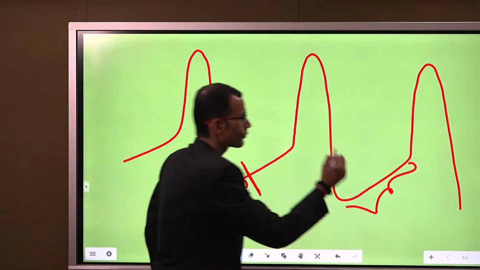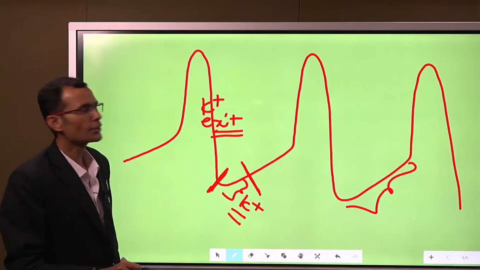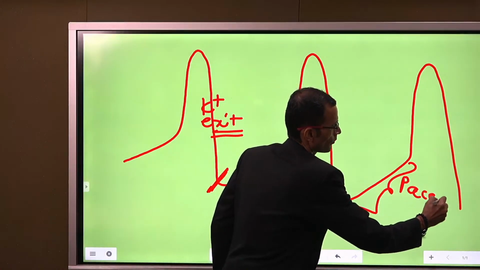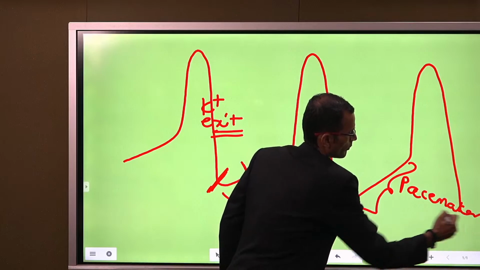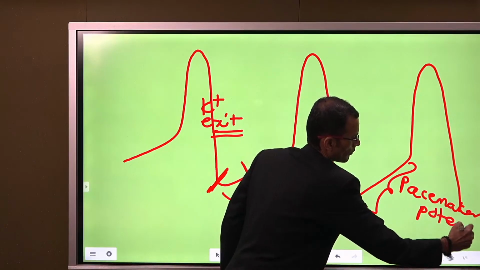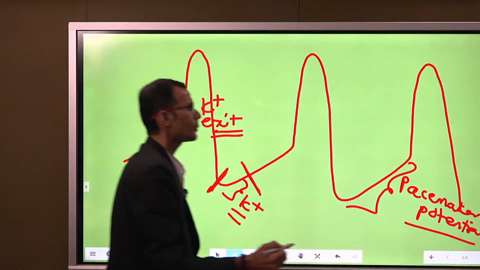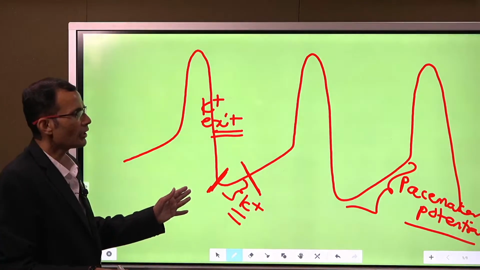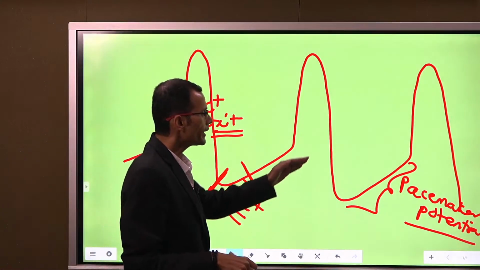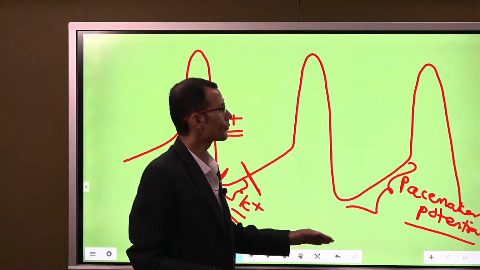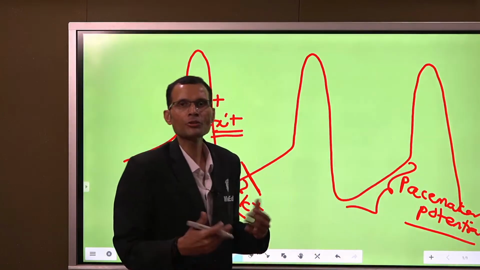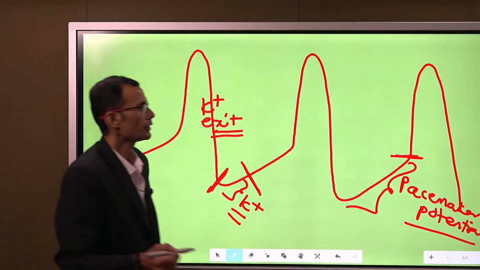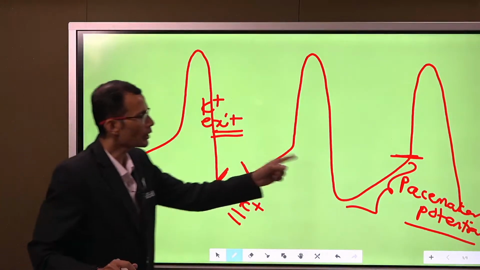So this part of the action potential is called the pacemaker potential. At the end of every repolarization, the membrane again begins to depolarize and reaches threshold. This is called the pacemaker potential.